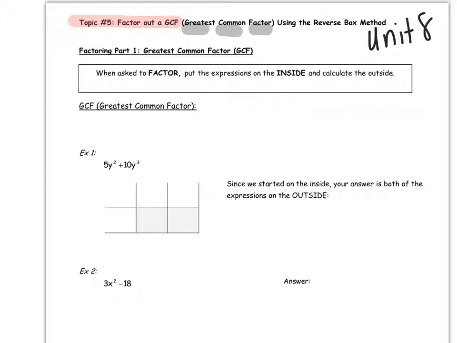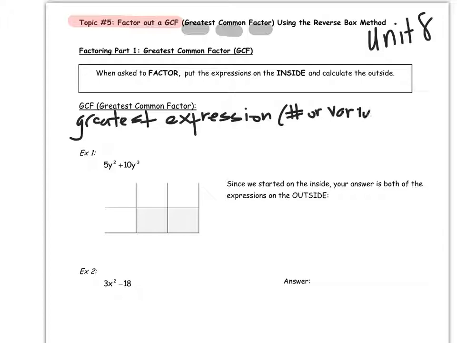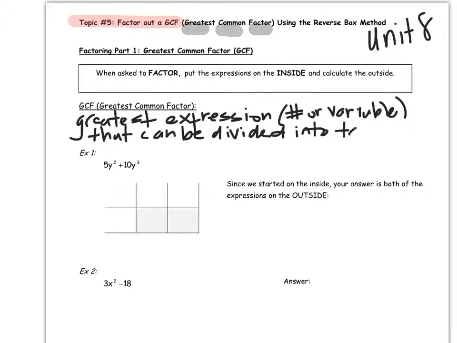So the first thing that we're going to do is talk about what a greatest common factor is. A greatest common factor is the greatest expression, and by expression, I mean it could be a number or it could be a variable, that can be divided into terms.